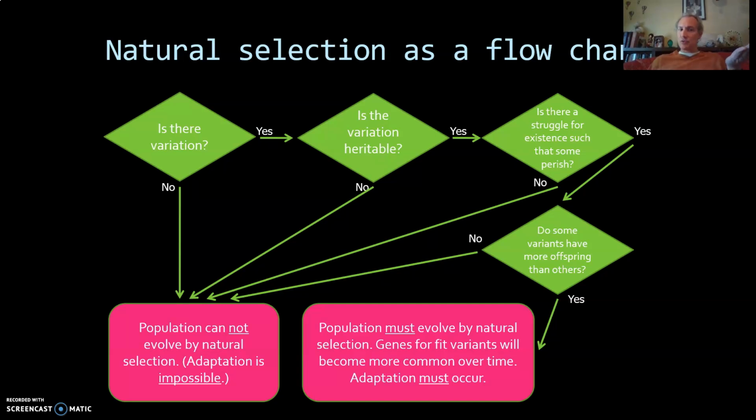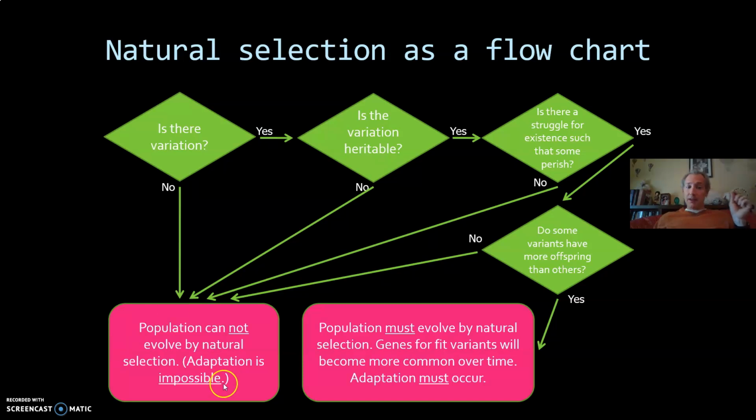He laid this out in such a way. And here are two options. You can see this is very modern scientist's view. There are two options. Yes, the population you're studying must evolve by natural selection. There's no alternative. It must adapt. It must evolve by natural selection.